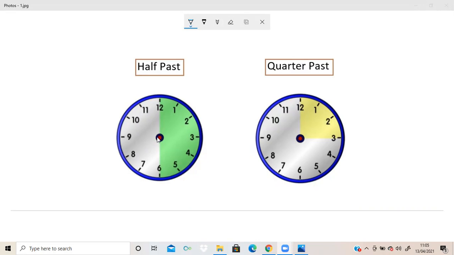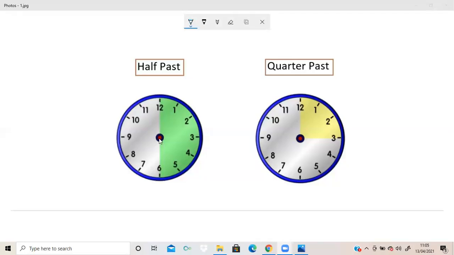The first clock face is circle shaped, and I colored it with two colors. The right side is green and the left side is gray.